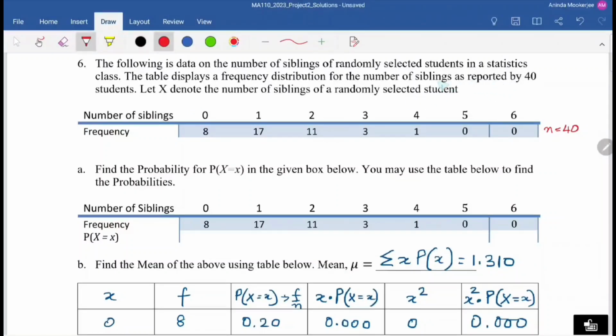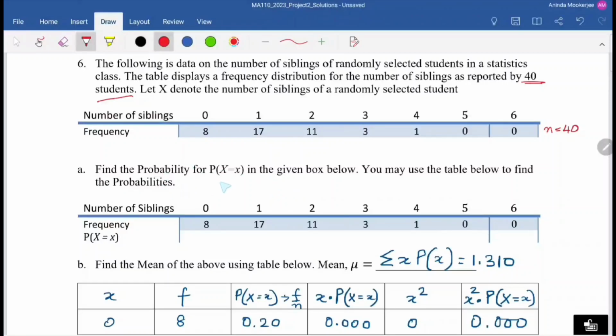And that should match with what is given in the question. It says a frequency distribution for the number of siblings as reported by 40 students. So that represents your n. Now, the first part of the question says find the probability represented as P of X, the capital X being the variable we are studying, which is number of siblings, equal to a specific value of x.